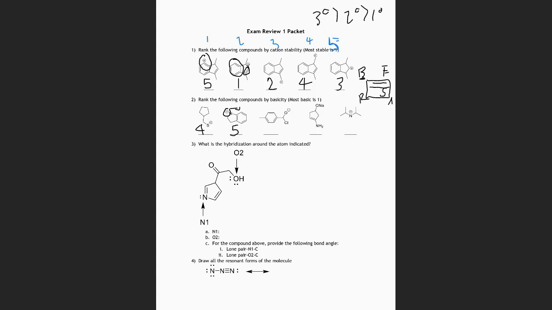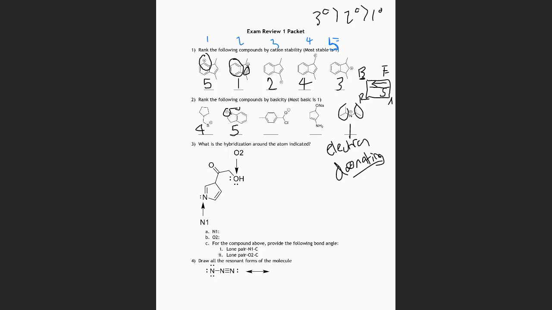It goes this way. And these methyl groups here are known as electron donating. Because they donate their electrons towards a negative charge, it makes it more powerful, more reactive. So this is going to be number 1.